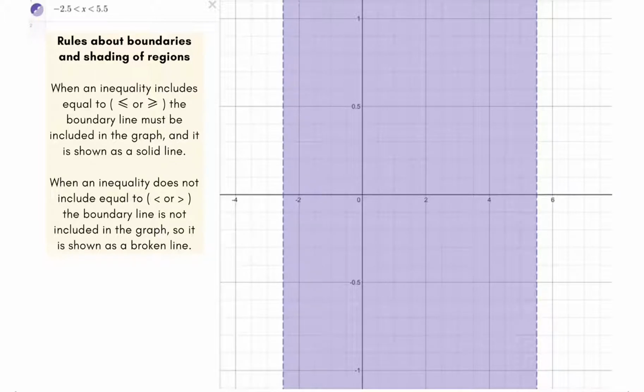Here, in this example, I have a very simple inequality: negative 2.5 less than x is less than 5.5. There are two broken lines. The equation of this line is x is equal to 5.5, and the equation of this line is x is equal to negative 2.5.